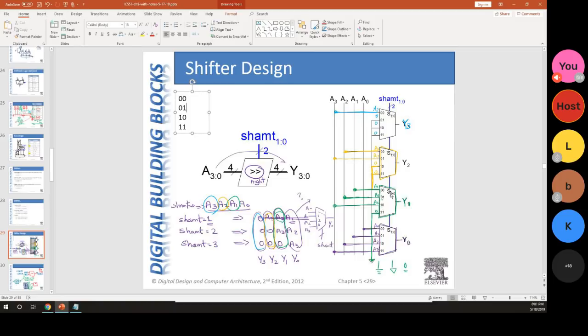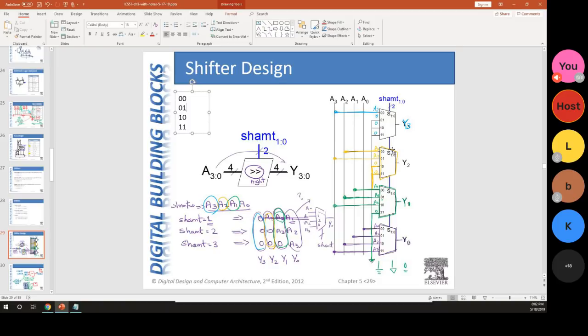Each one gets shifted by 1 bit. A2 was 0, 0 here, and now it's 0, 1 here. And A1 was 0, 0 here, and now it's 0, 1 here. If you shift by 0 or 1, the most significant bit doesn't change. If you shift by 1, 2, or 3, the most significant bit becomes 0.